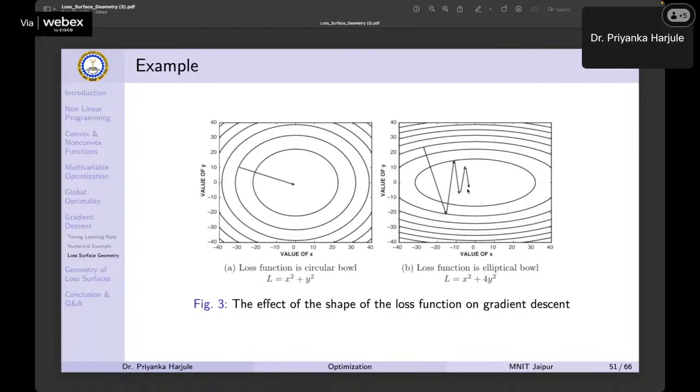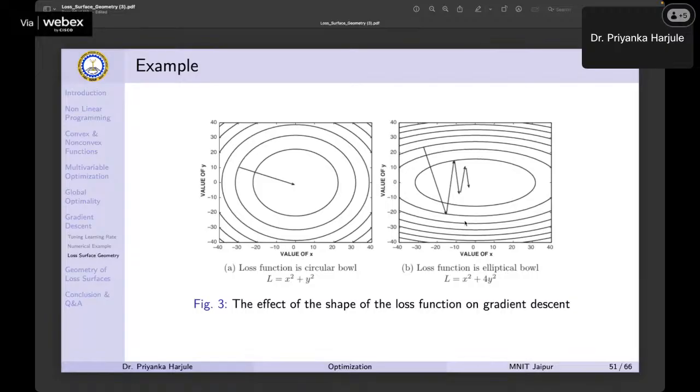Another observation is that steps along the y direction are large, but subsequent steps undo the effect of the previous steps. On the other hand, the progress along the x direction is consistent in this loss surface, but it is less. So, in other words, the long term progress along each direction is very limited.